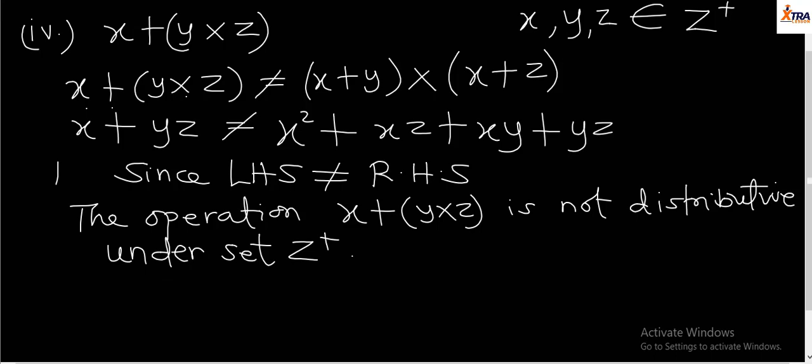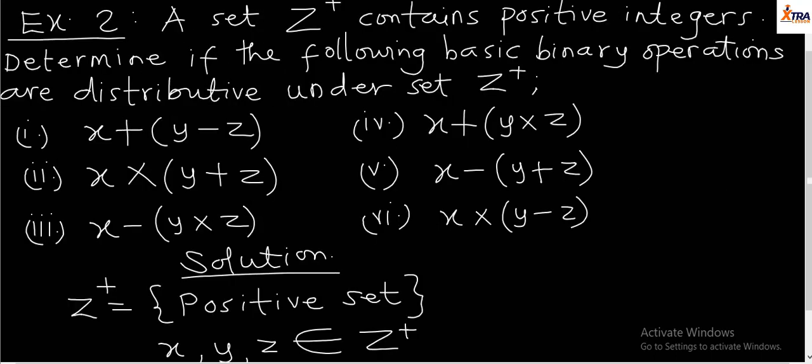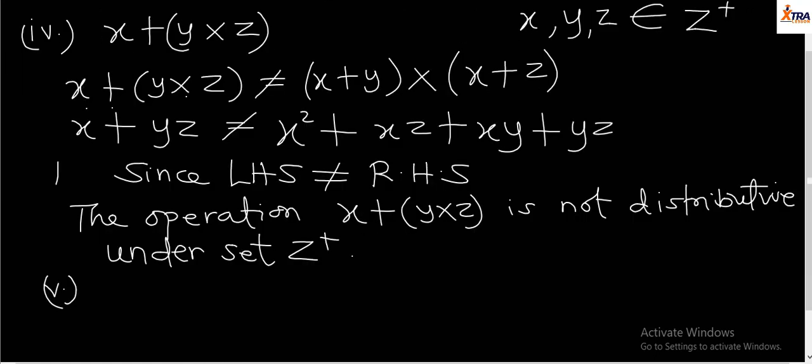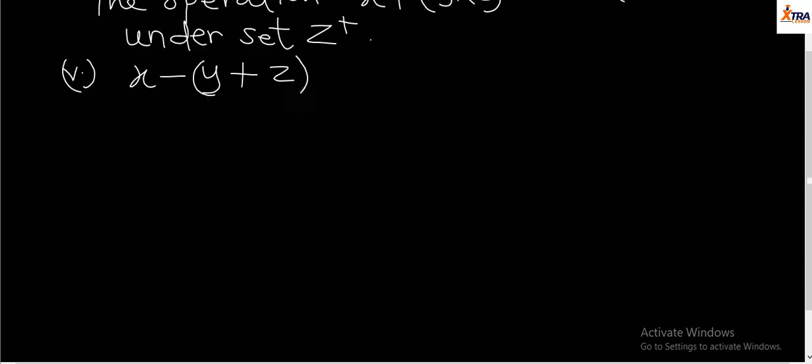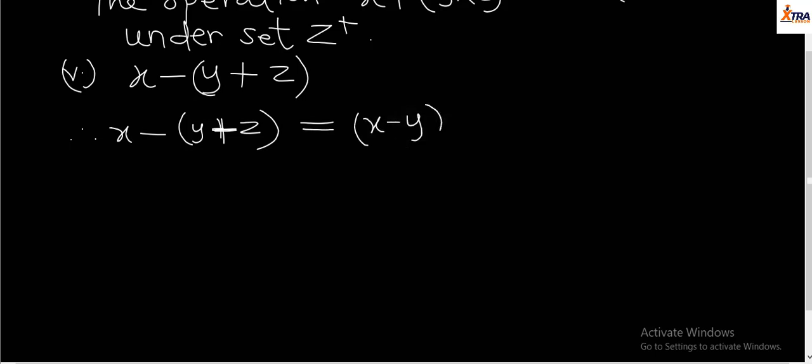So, looking at the Roman figure 5 now, the fifth one, we have a question here that asks us to see if x minus open bracket y plus z is distributive under set Z plus. X minus y plus z. To determine if this is distributive, we need to express this as this for the left hand side, and then for the right hand side we'll be having it as x minus y plus x minus z.